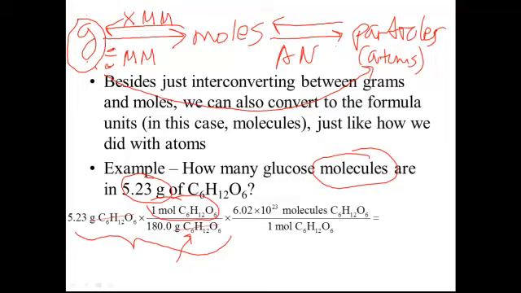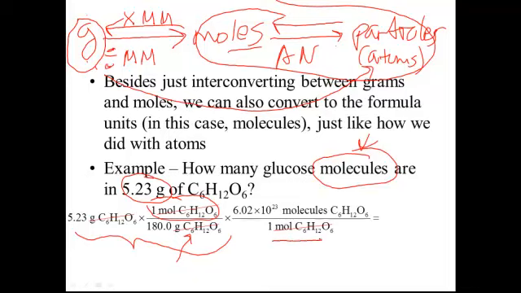Now instead of stopping right there, we're just going to go to our next step, from moles to particles. In this case, it's not an atom, it's a molecule, and that's fine. It doesn't matter. Remember, the 6.02 can be whatever we want it to be. So we want to cancel moles. We put moles on the bottom over here, and there we can see that red line going through and canceling out our moles.